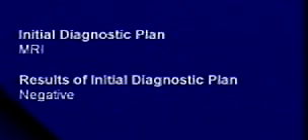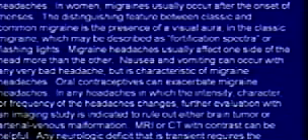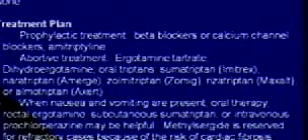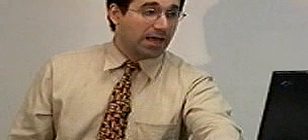We get the MRI because her symptoms are worsening and we have to exclude a structural cause to her worsening headaches. And the MRI is negative. Patient has a history consistent with classic migraine, and the final diagnosis is migraine. Let's take a break.